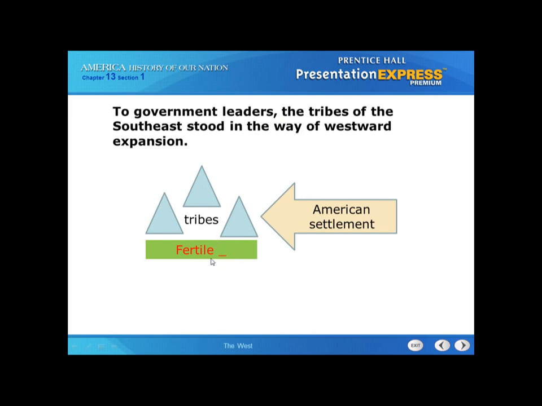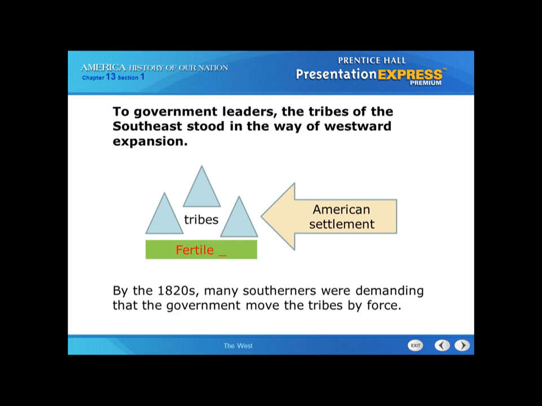Again, they wanted that fertile farmland. By the 1820s, many Southerners were demanding that the government move the tribes by force. So as the South too wanted to expand, especially their cotton production, moving westward, they needed that land, and there was pressure to have the government move these natives further west.